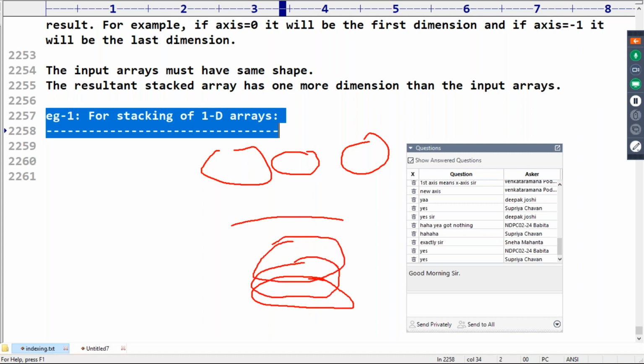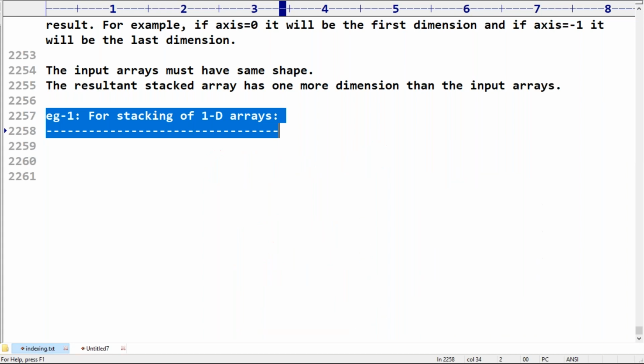Keeping one by one is itself a stack. Stacking means arranging things one above another, placing one by one.